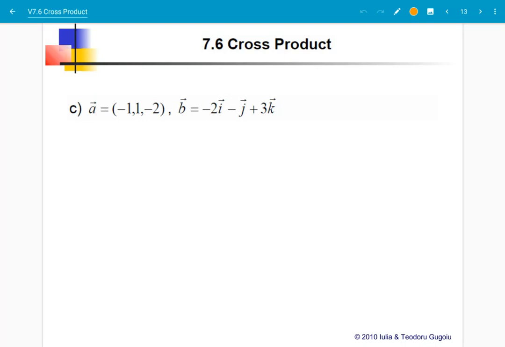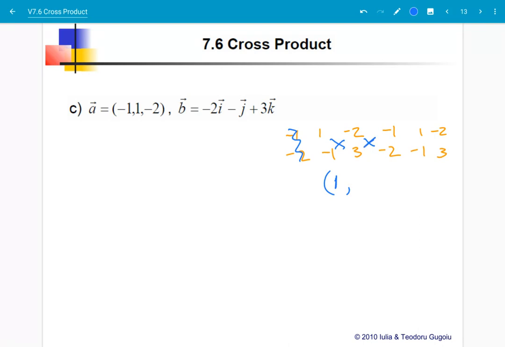All right, so components of the A vector and then of the B vector. And then we ignore the first, crisscross here. So 3 minus +2 is 1. -2 times -2 is +4.